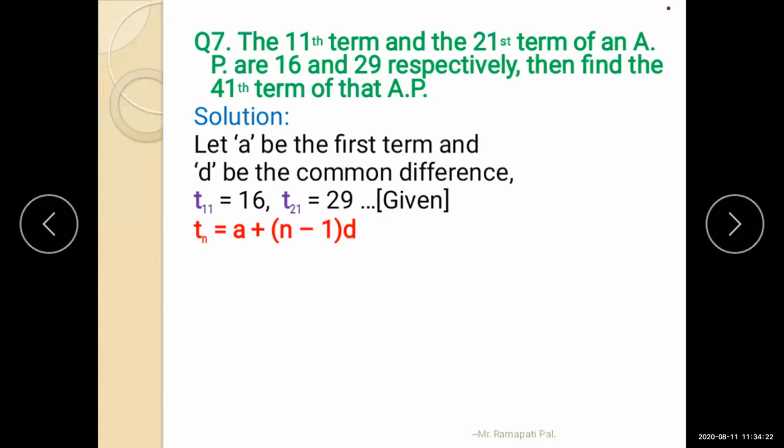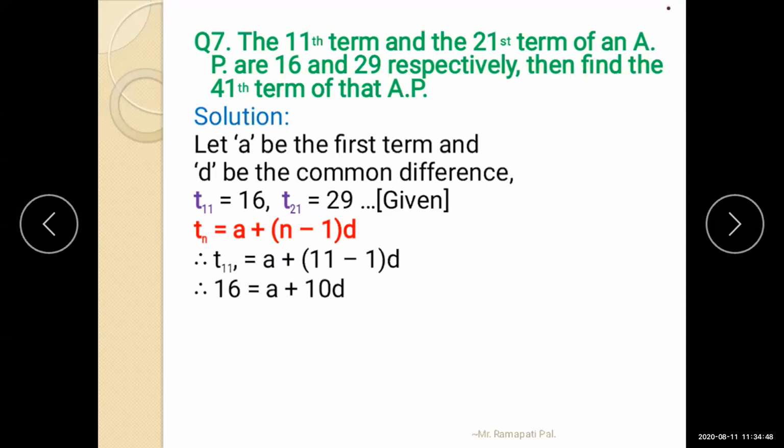T11 is equal to A plus, we know the value of n, that is the 11th term, so n is equal to 11. So T11 is equal to A plus (11 minus 1) D. 11 minus 1 is 10.